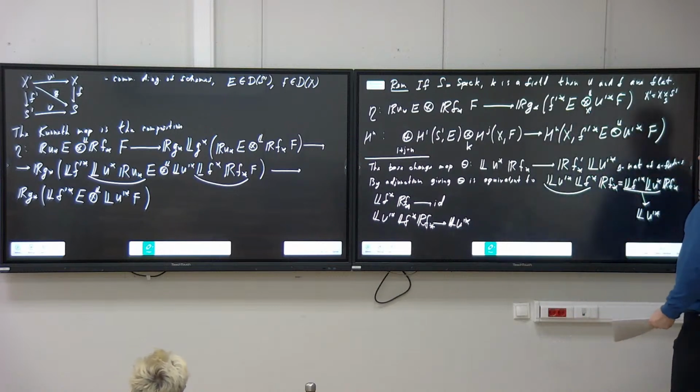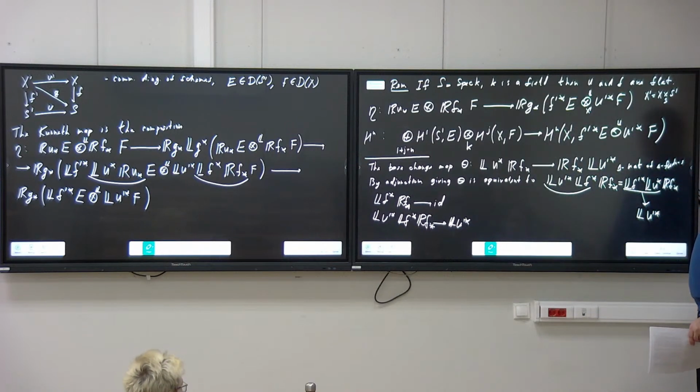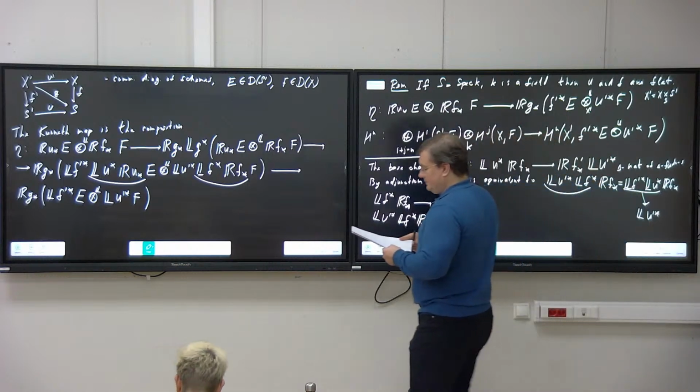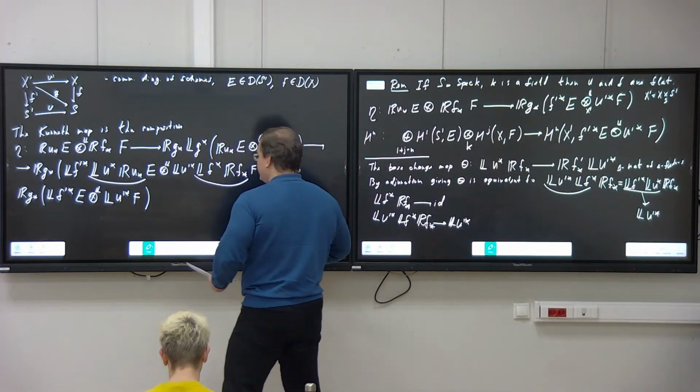Yeah, and there is an annoying exercise that this is not the unique way to produce this base change. You can also, let me formulate this as a remark.